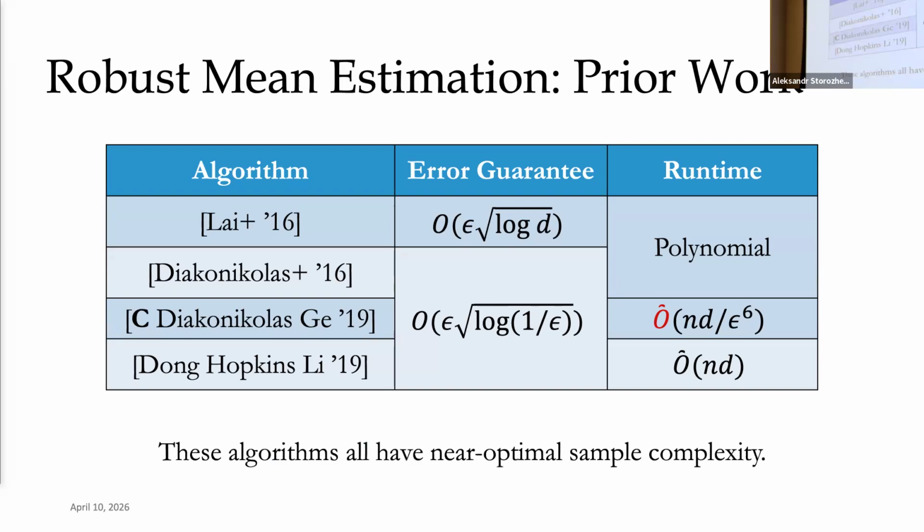By the way, all these algorithms have near-optimal sample complexity. So what are the three metrics I care about in a robust mean estimation problem? I care about how many samples I'm using, what my runtime is, and what my error guarantee or minimax rate is. And we already have algorithms that achieve near-optimal guarantees for all three criteria.